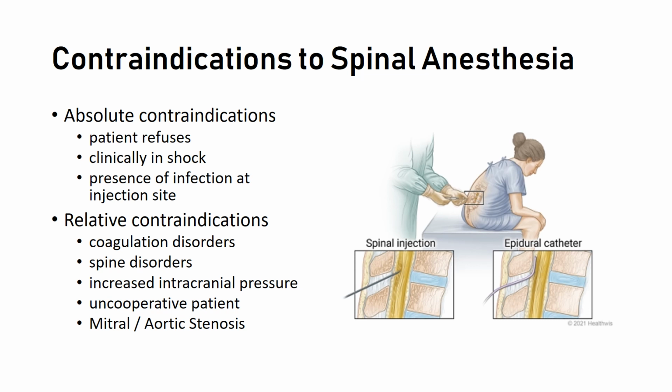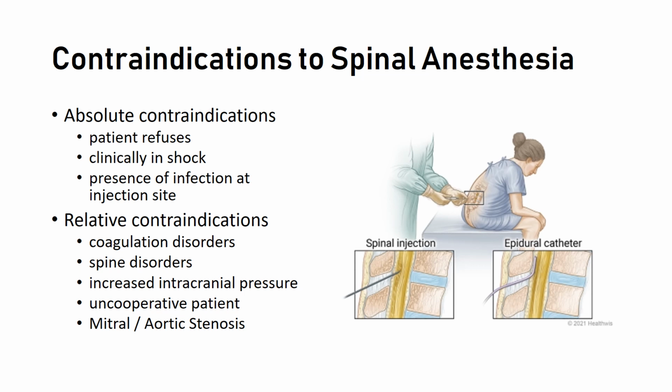If a patient is clinically in shock, the hypotension that naturally comes from the sympathetic blockade of a spinal makes this an absolute contraindication. And also infection at the site where you're planning on placing the injection is an absolute contraindication, as this would introduce infectious material to the meninges.